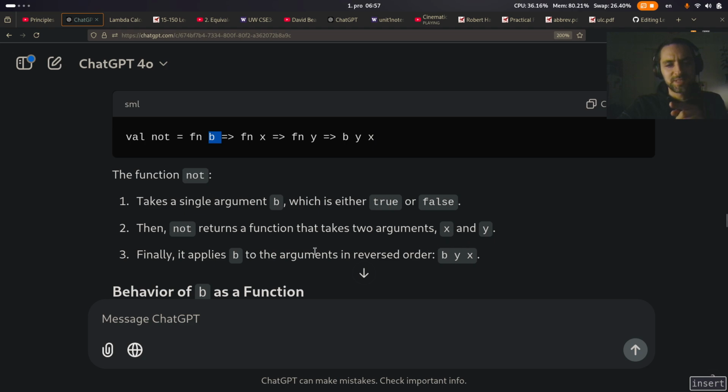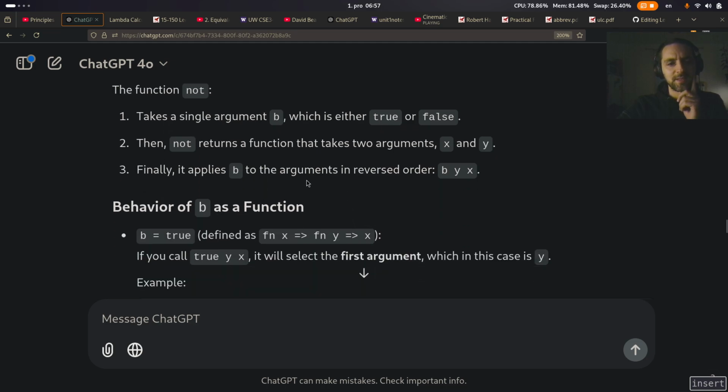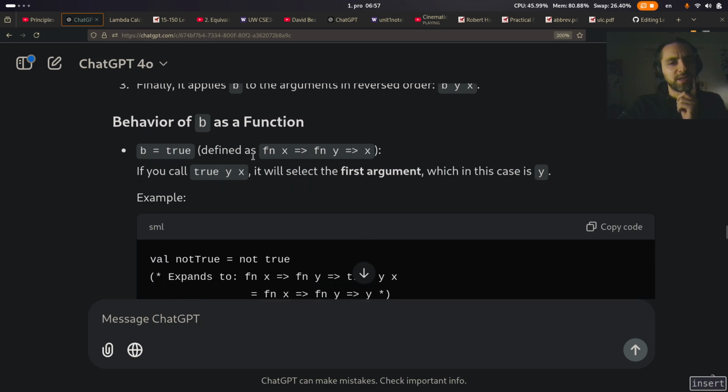Finally, it applies b to the arguments in reversed order, b y x. True is defined as fn x, fn y, x. If you call true y x, it will select the first argument, which in this case is y.